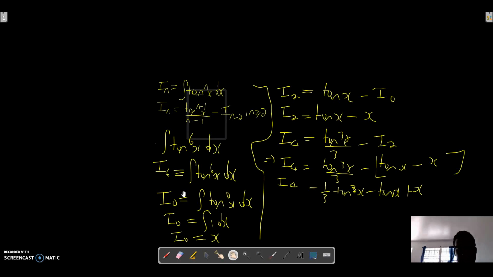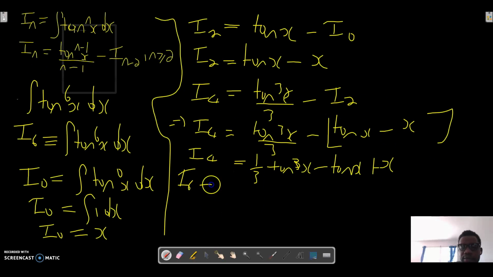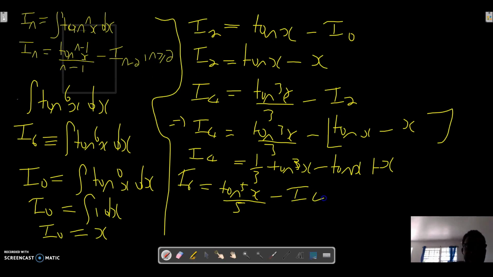Good. Now that we have I4, we want to move on to find I6, which is actually what the question had asked us to find. Let me see if I can adjust the space here. Now I6 would simply, going back to the reduction formula again, replacing n by 6, I would have tan to the 5 x over 5 minus I, and of course you replace n with 6, you have I4.